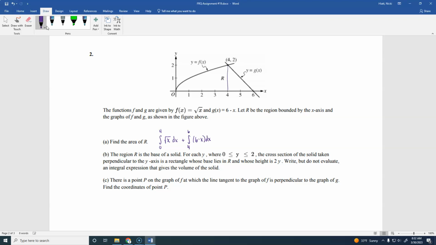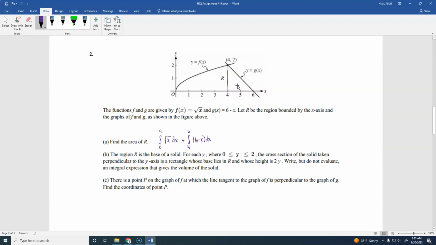What you're doing there is splitting it right here at that intersection. The first gives you the area under the curve for f of x, and the second gives you the area under the curve for g of x.